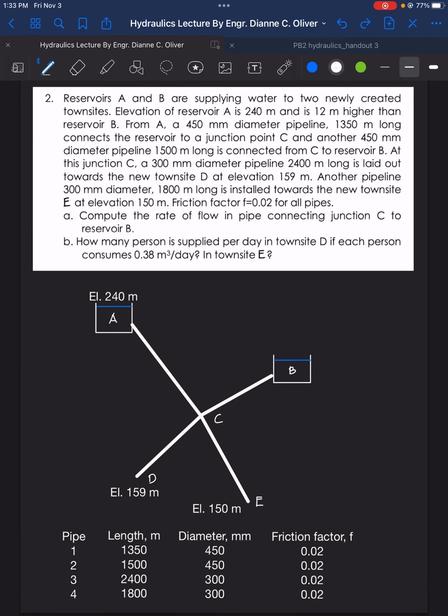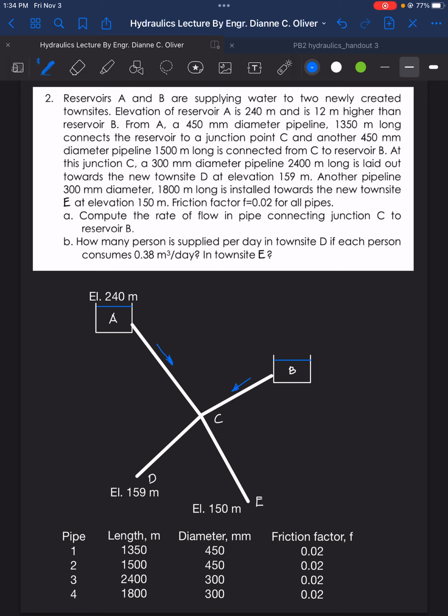Next, we have here number 2, reservoirs A and B. Reservoirs A and B are supplying water to 2 newly created town sites. From that condition itself, since they are both supplying the 2 town sites, the flow of water is towards the junction.